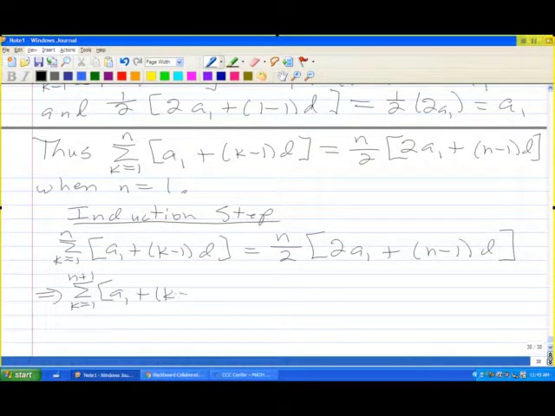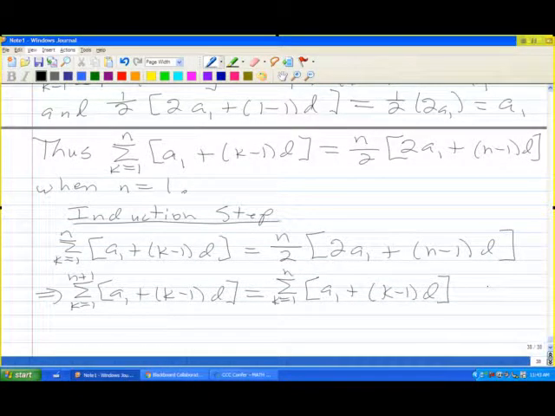The sum of a1 plus k minus 1 d is equal to, well, this is equal to the first n terms plus the last term. So last term would be a1 plus n plus 1 minus 1 d.